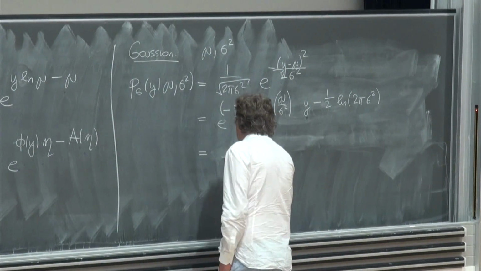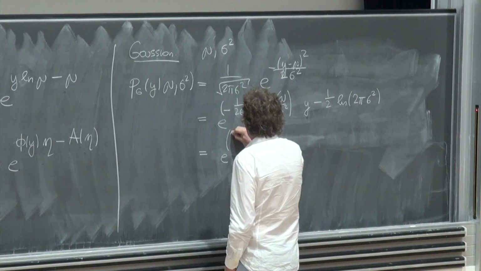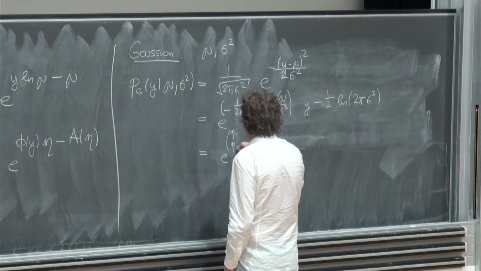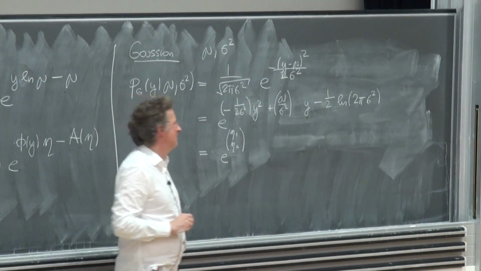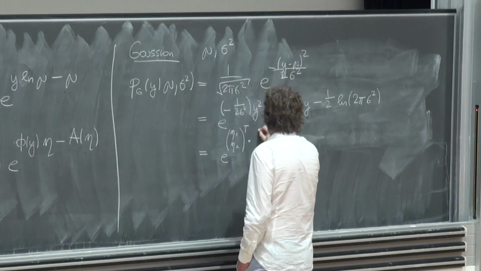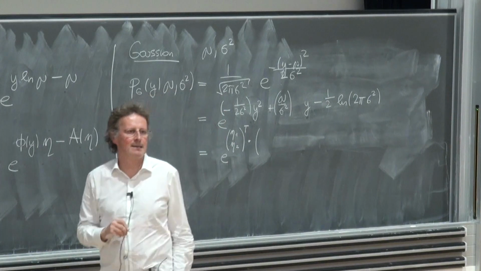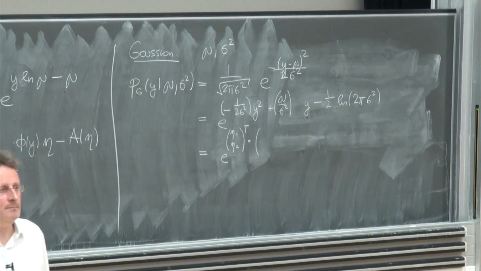And then I have here e to the, and so I want to have the vector. So I will have an eta 1 and an eta 2, and we'll have to see what these vectors are, times, and now the phi. So what is now the phi vector in this case? Phi of y is? What about the mu squared?